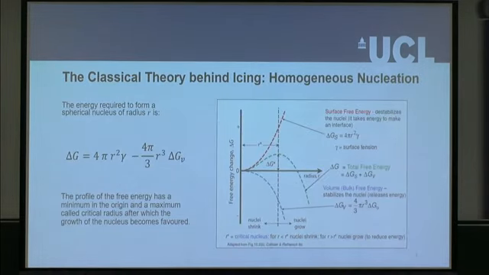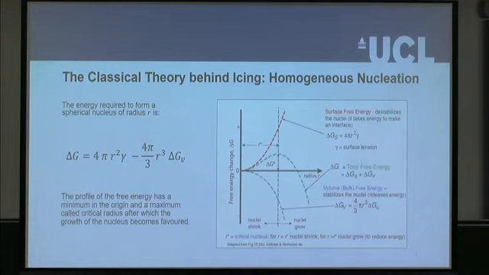So the main tool we have to understand icing processes is the classical theory of nucleation. Icing can be regarded as a nucleation process, which means that it can be described as a spontaneous arrangement of water molecules that come together to form what is called a nucleus.